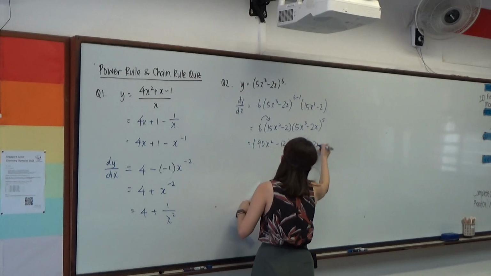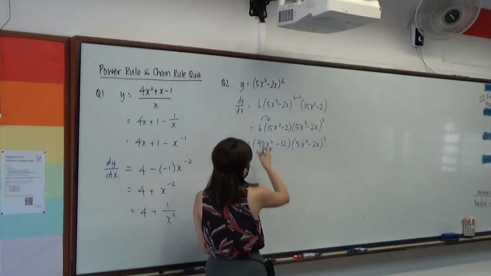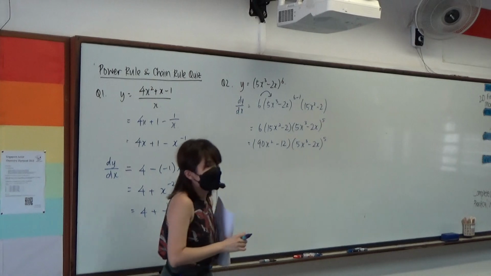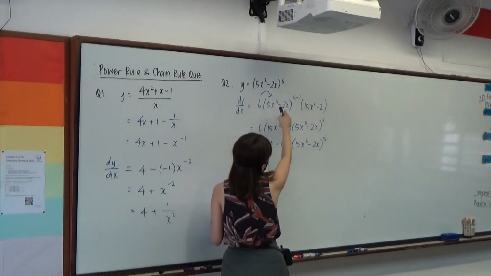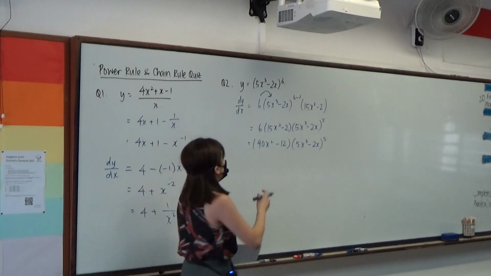But some of you decided that from here you bring the 6 in. Now we cannot take the 6 and bring it in with the power of 5 over there. It doesn't work that way.